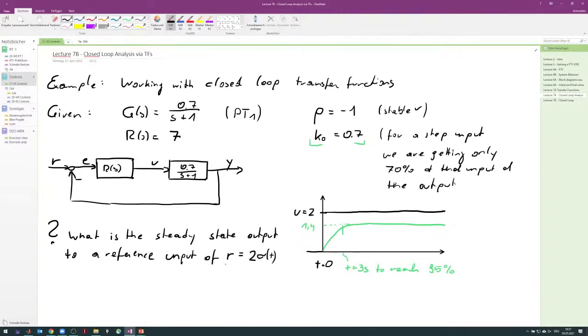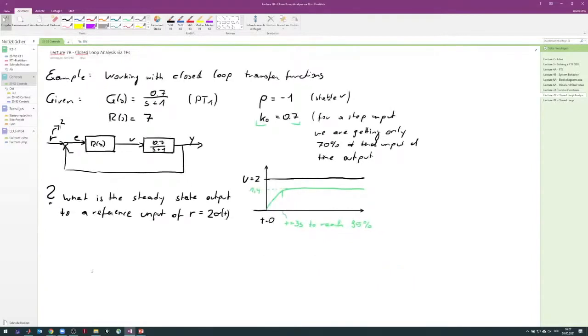Let's do the unit step here, but again we put in the 2 and see what our Y is going to be. Hopefully it's going to get better than 1.4, otherwise we'll see.